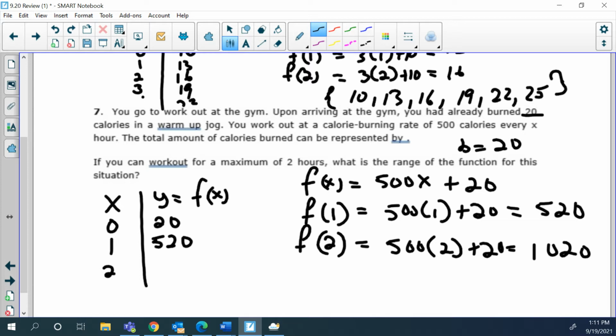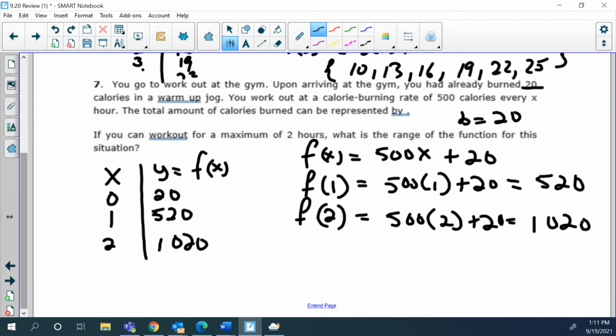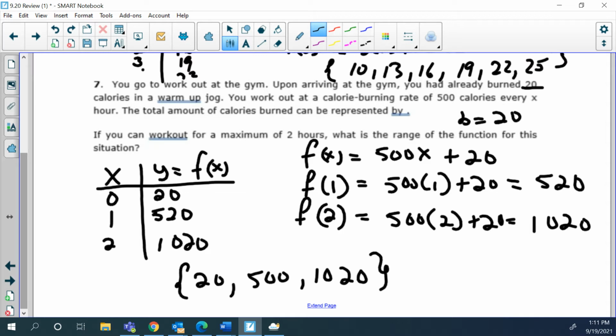All right, so my range now is just going to be 20, 520, and 1,020. So that's my range right there. Okay. All right, so that was number 7.